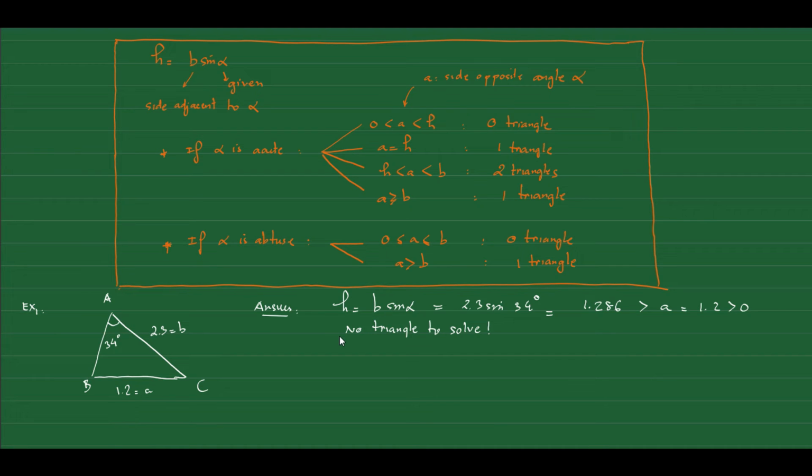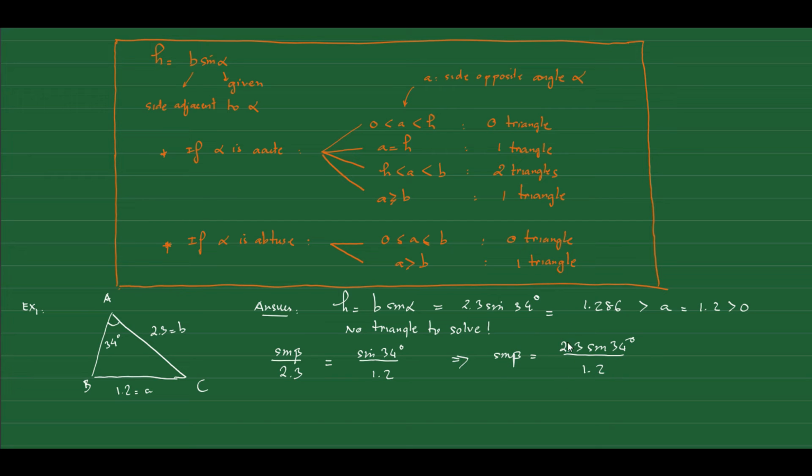If we apply the law of sines, sine of beta over 2.3 equals sine of 34 degrees over 1.2, and we cross multiply. So sine of beta will be 2.3 times sine of 34 over 1.2.